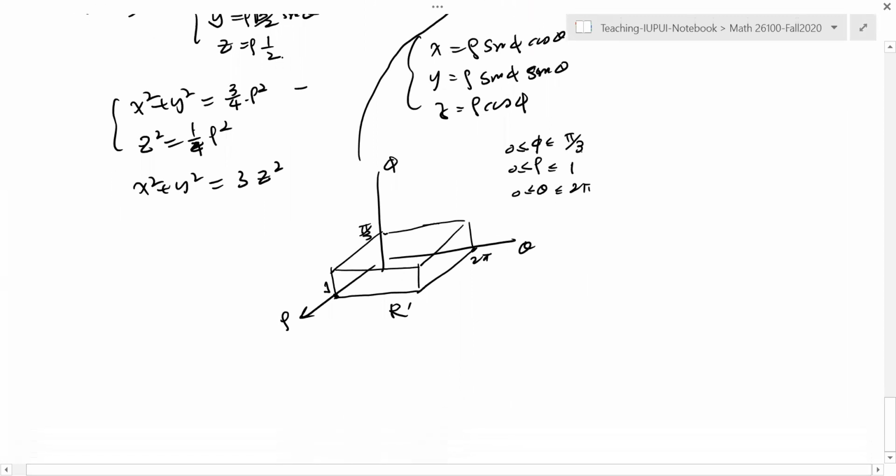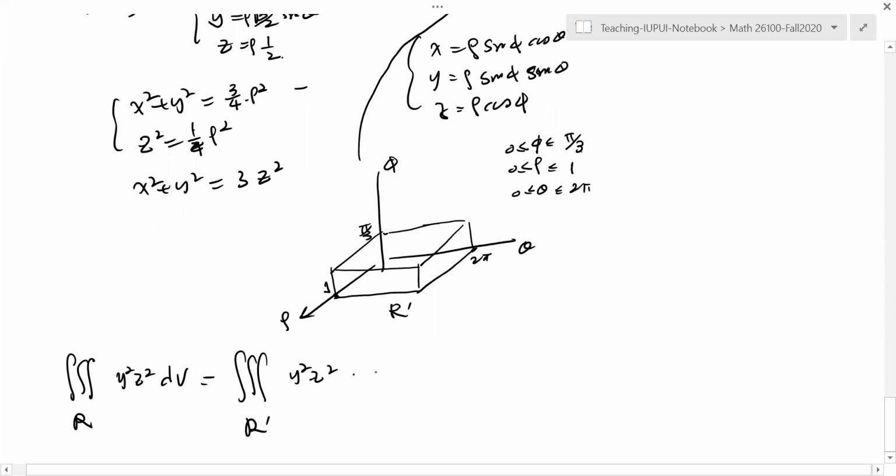Now we go back to the integral. This is a triple integral over R of y squared, z squared, dV. This is supposed to be R prime. At this moment, I still put the y squared there. I'm not going to replace y yet. y is actually rho sine phi sine theta.